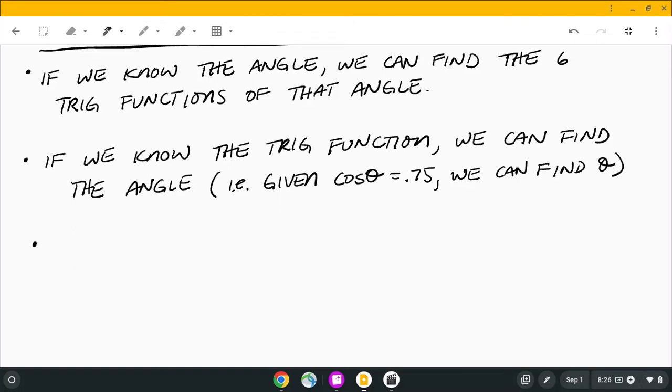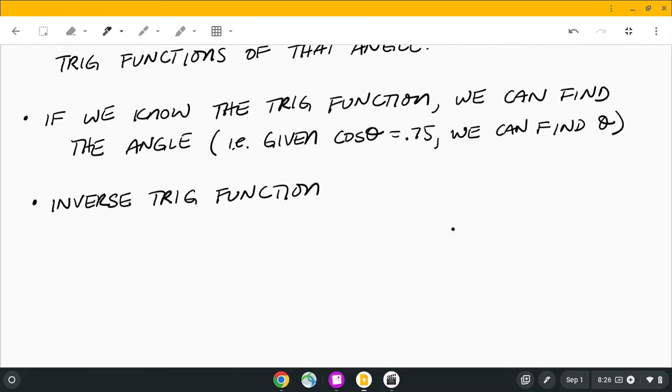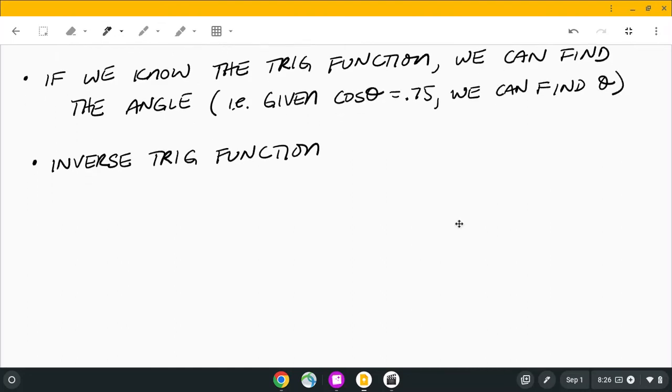So the way we find the missing angle is by using what's called the inverse trig function. And you have those buttons on your calculator as well. Okay, so this is the notation, and you should see these on your calculator: sine inverse, cosine inverse, and tangent inverse.